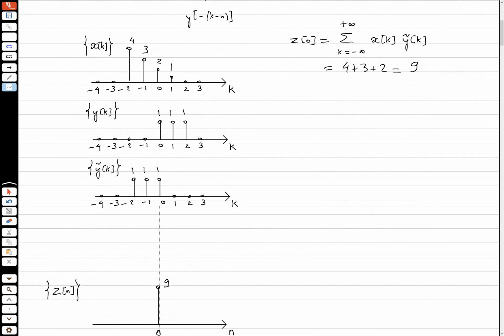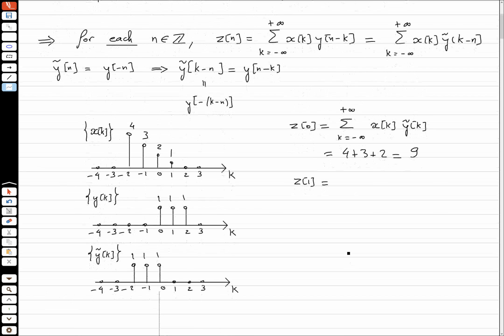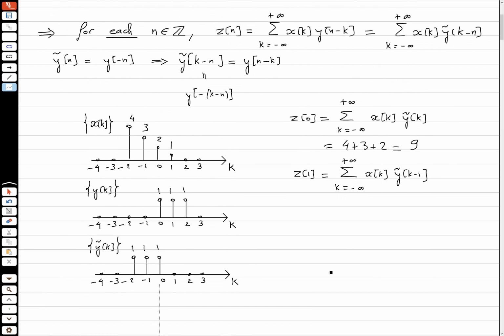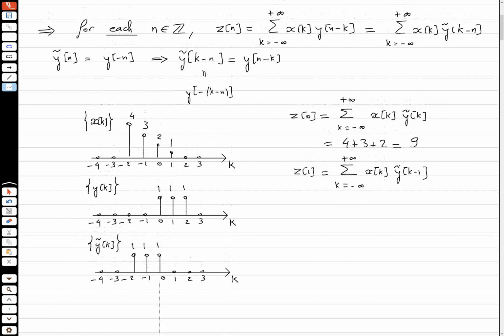But you want to get z of 1. So you get sum x of k, y tilde of k minus 1. So you get this from here, right?